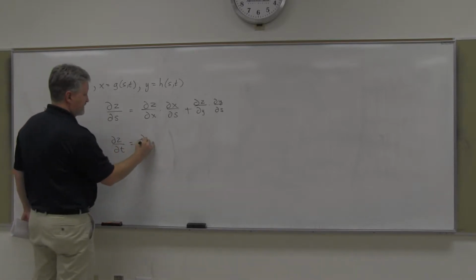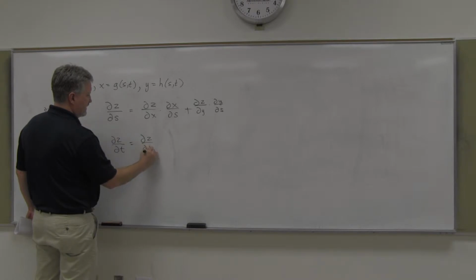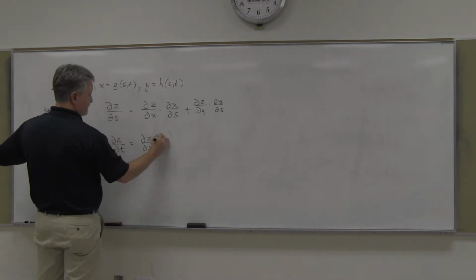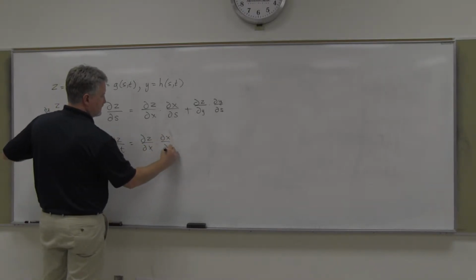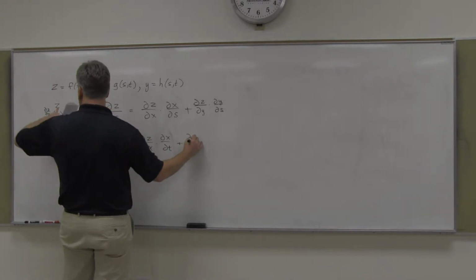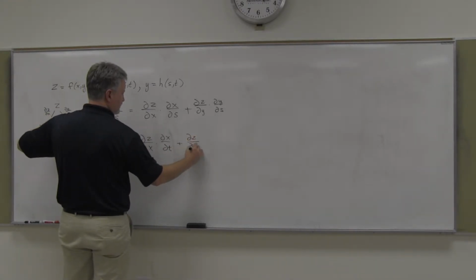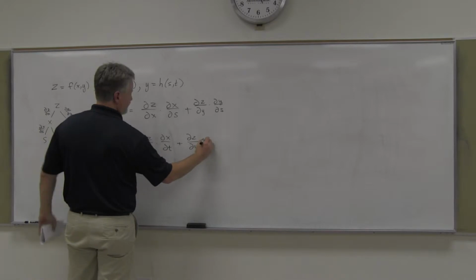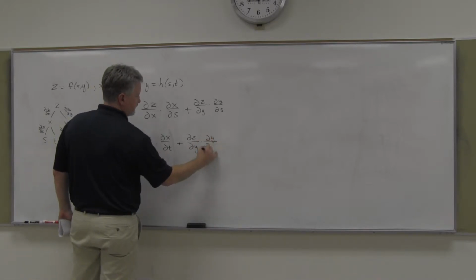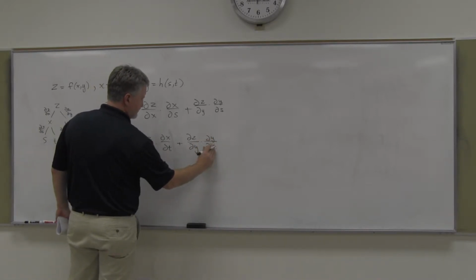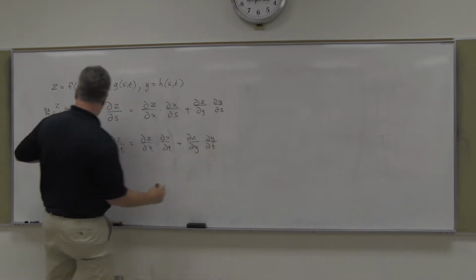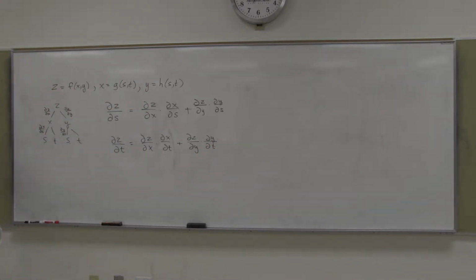It's pretty much the same: partial of z with respect to x, and then the partial of x with respect to t, and then partial of z with respect to y times the partial of y with respect to t. It's a good visualization, that tree diagram.